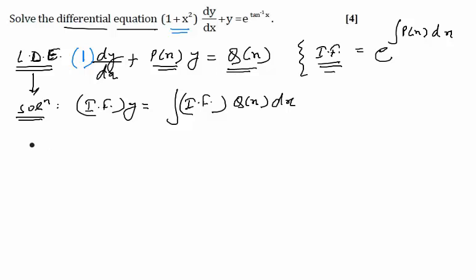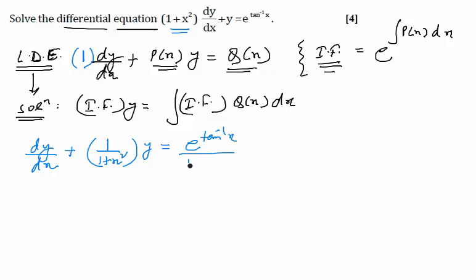If we do that, then our question converts to this equation: dy by dx plus 1 upon 1 plus x square into y is equal to e to the power tan inverse x upon 1 plus x square. Now this equation is exactly compared to the standard form that we know, which we call linear differential equation, right?